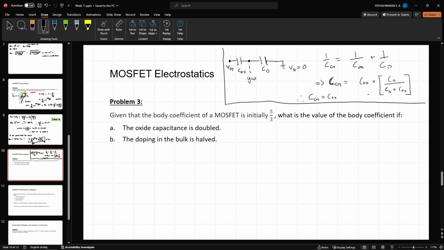Let me take the reciprocal of this factor, so I will write this as Cox by M, where M is equal to the reciprocal of this, so that is going to be 1 plus Cox.